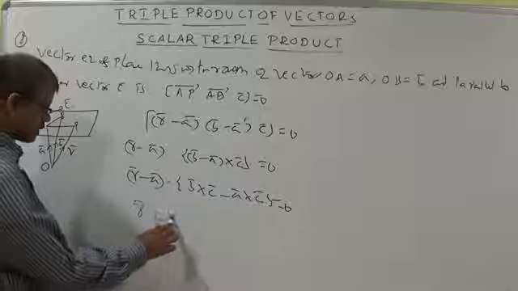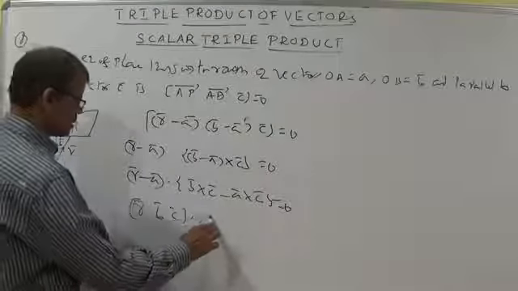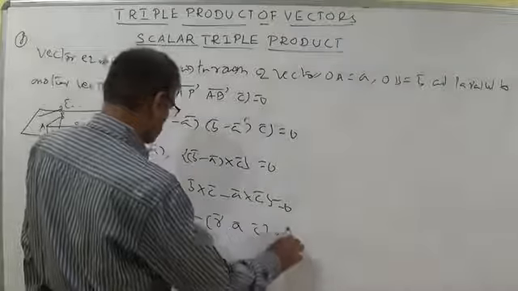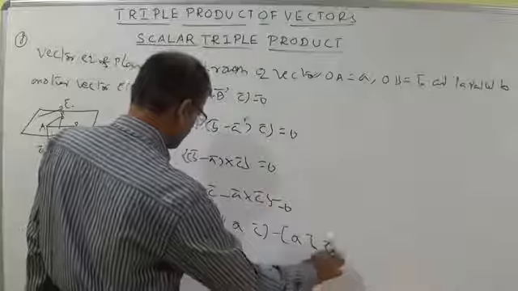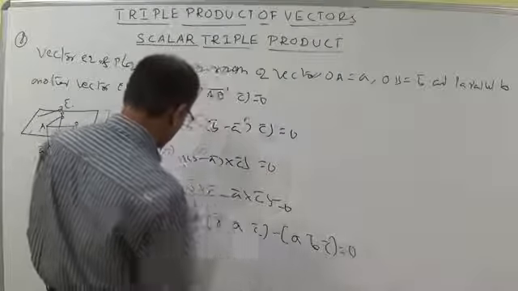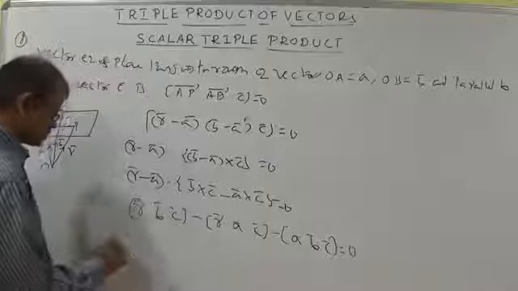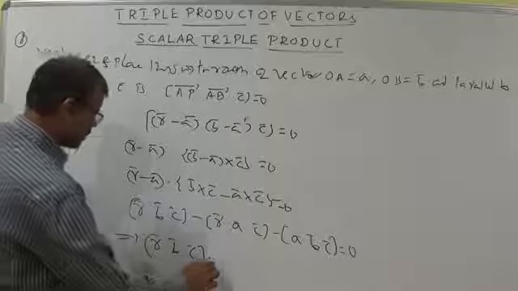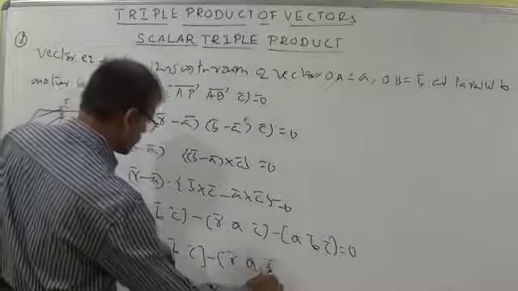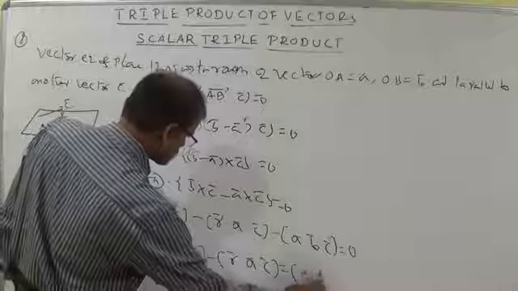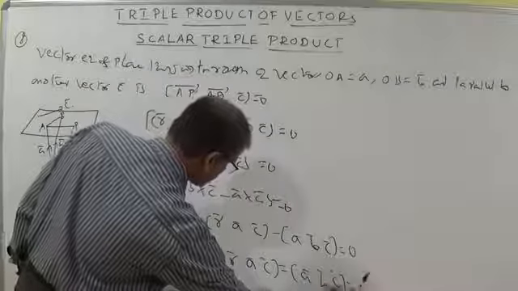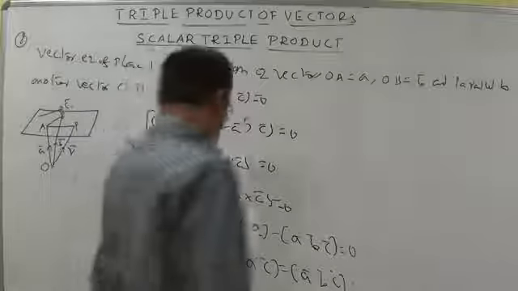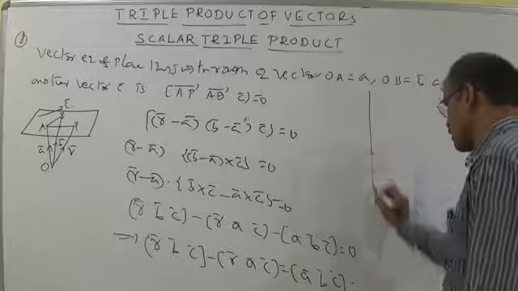You can write here box RBC minus box RAC minus box ABC equal to 0. I did not write box AAC here because it is 0. So you can say box RBC minus box RAC equal to box ABC. Whenever R is there, simply you leave it, because the vector equation starts with the position vector R.